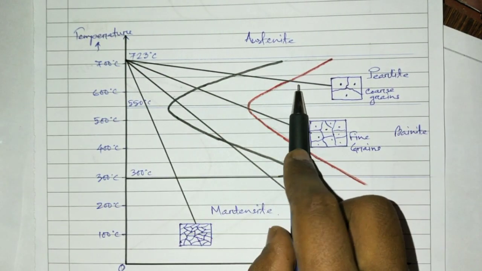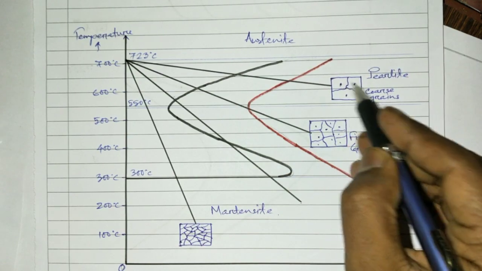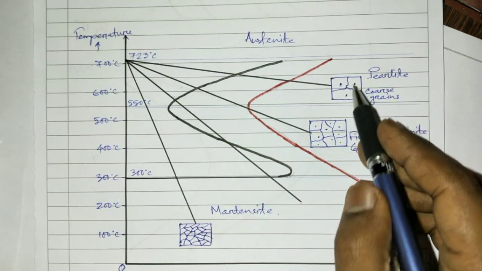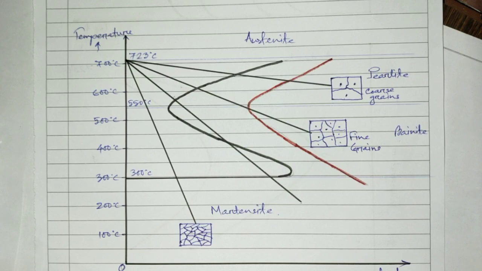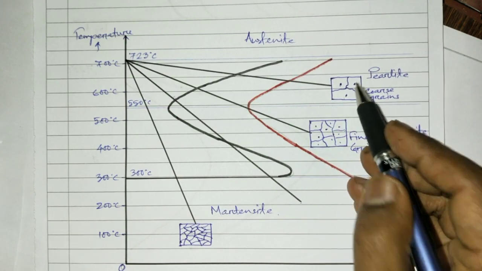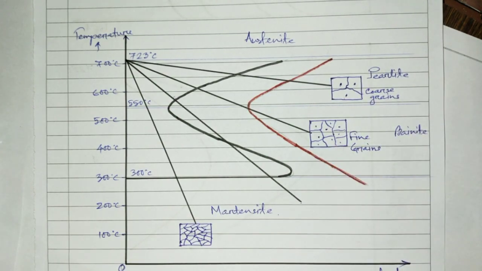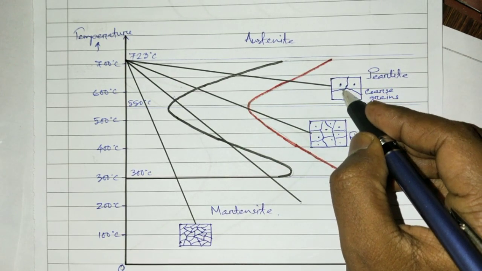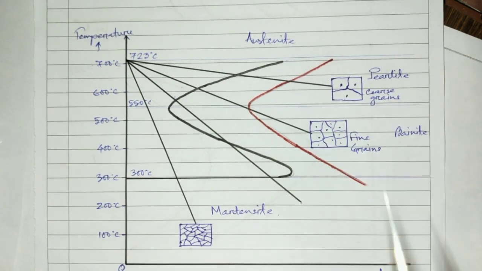Nucleation is there, but the rate of nucleation is very low. So a smaller number of nuclei are formed, but the growth rate is high. Those small number of nuclei grow rapidly and form larger grains. This type of grain structure is called coarse grains.